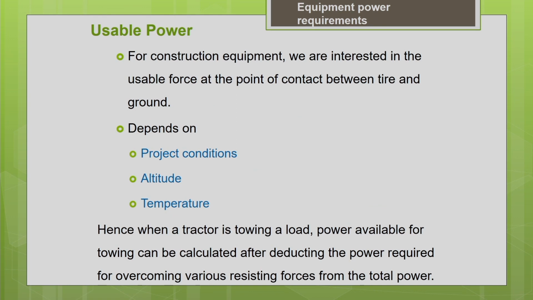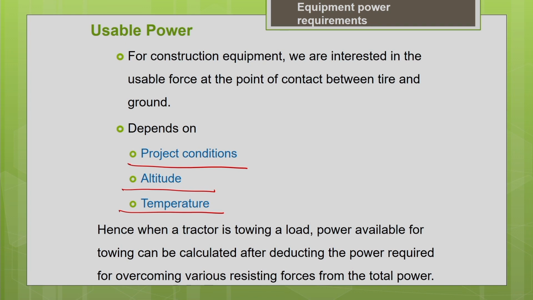So now let us see what is this usable power. So out of the available power prescribed by the manufacturer, how much amount of power becomes usable to you? That depends upon your project condition, that depends upon the altitude of your project site and the temperature at your place. Because as I told you, the horsepower rating is done at a particular atmospheric pressure and at a particular temperature.